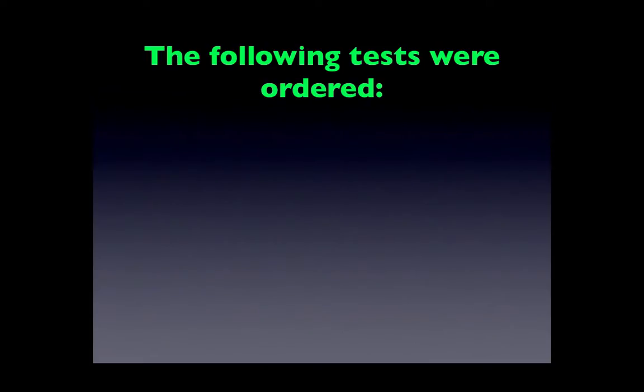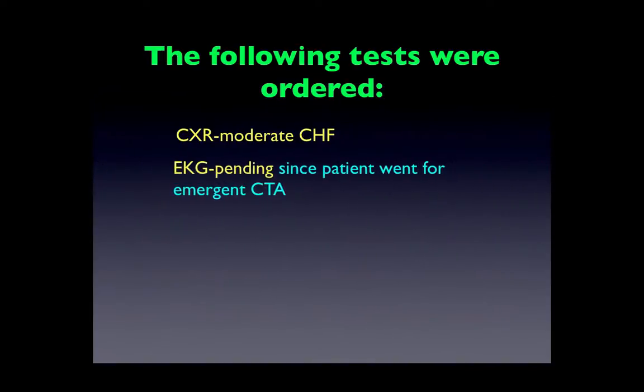The following tests were ordered. A chest X-ray was performed on a stat basis and showed moderate congestive heart failure. An EKG was ordered, and as soon as the EKG tech came to perform it, the patient was on the way to the CT angio, and it was felt that that should be given priority. So the EKG is still pending.